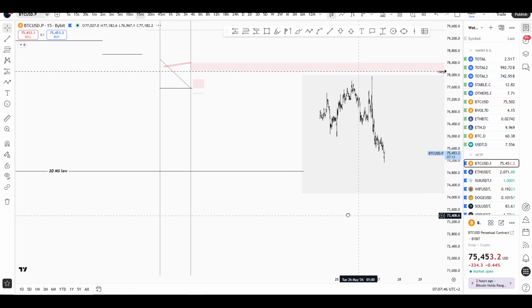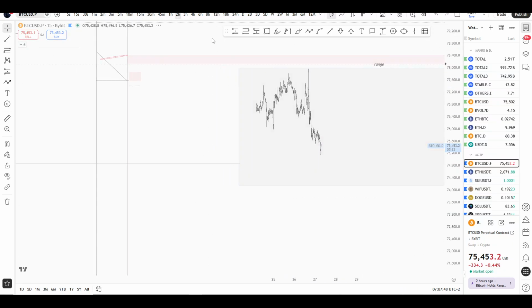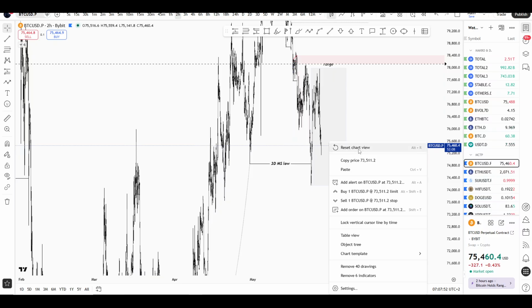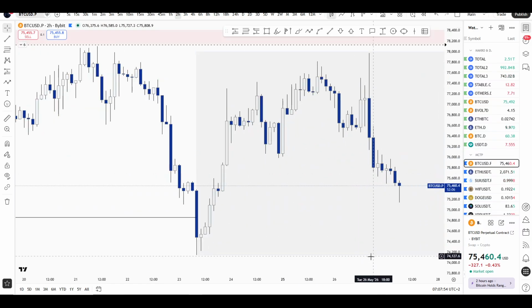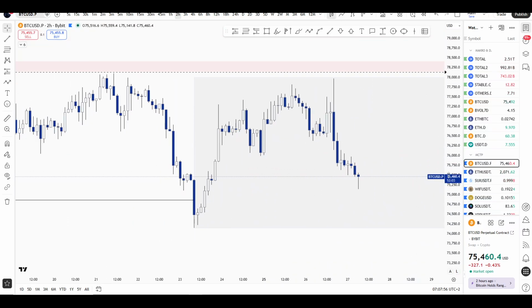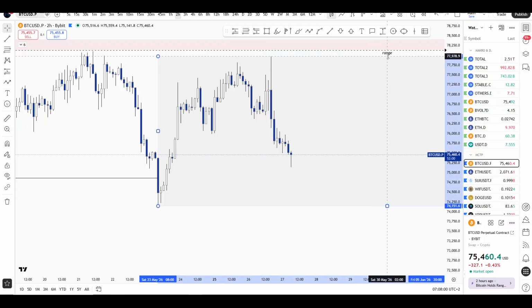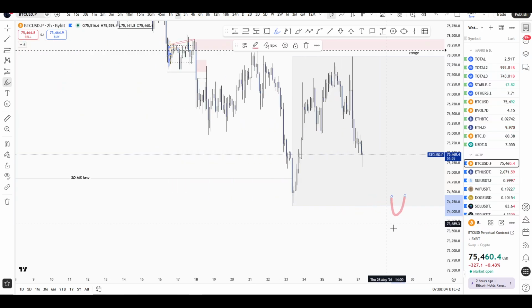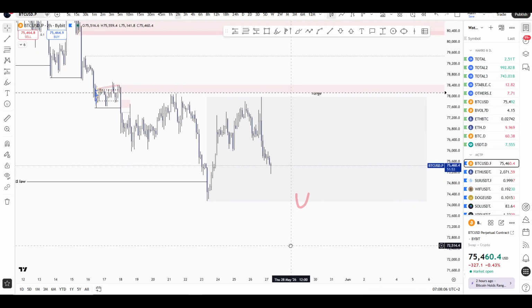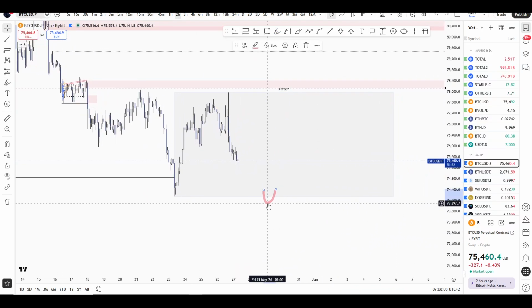So if we make our way back down here, I would look at accumulations and see how far we can get it.